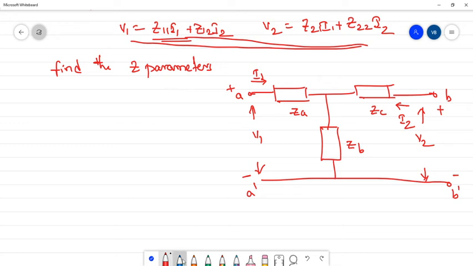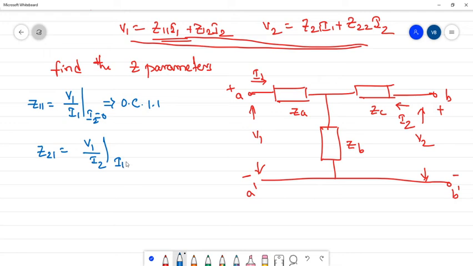So what is meant by Z11? We already took it: Z11 is V1 by I1 at I2 equal to 0. This is called the open circuit input impedance. Z12 is V1 by I2 at I1 equal to 0. This is called the open circuit reverse impedance.